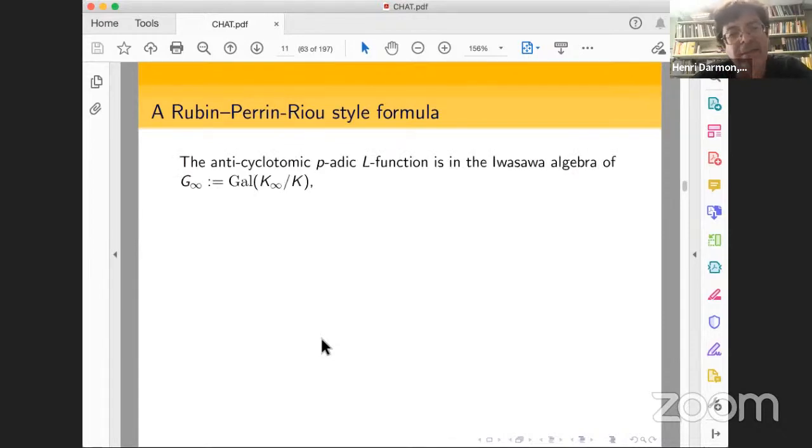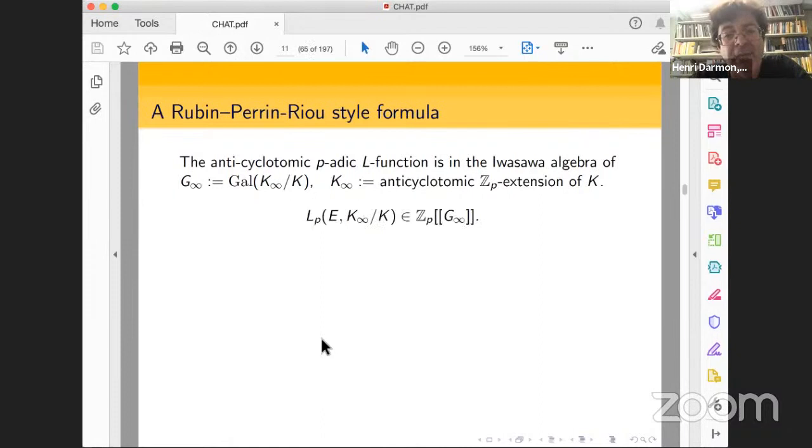Namely, we were studying a so-called anti-cyclotomic p-adic L-function, which we can think of as an object that lies in the Iwasawa algebra of this profinite group, the Galois group of the anti-cyclotomic Z_p extension, which I call K_infinity, of the quadratic imaginary field K. So this G_infinity is essentially isomorphic to Z_p. And the p-adic L-function belongs to the associated Iwasawa algebra, the completed group ring of this profinite group.